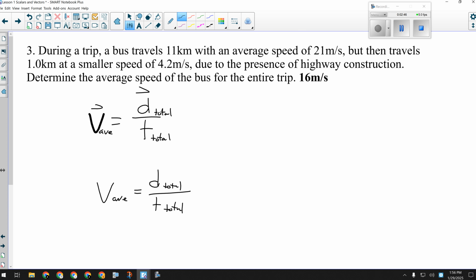And the reason I bring that up is because of the way you've been taught to calculate averages in your life. And that would be, I add all the things I have together, and then I divide by the number of things that I have, and that gives me the average. Which works if everything you're adding together represents an equal part of the whole thing.